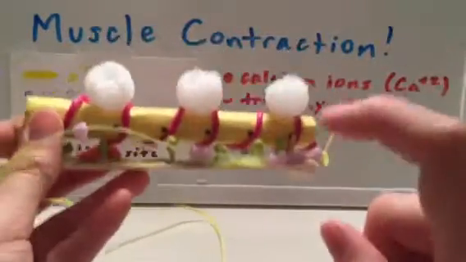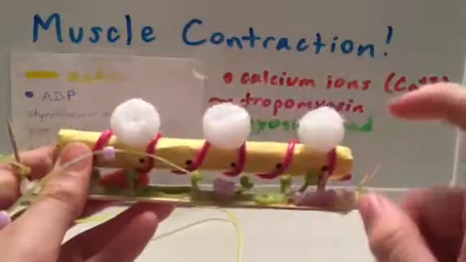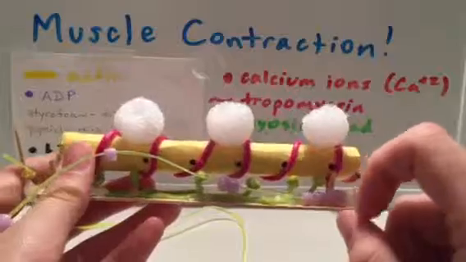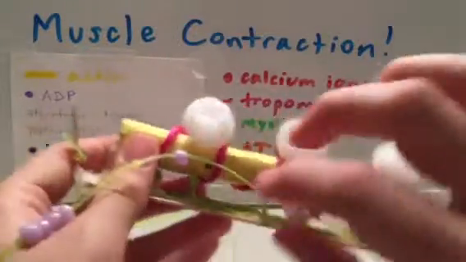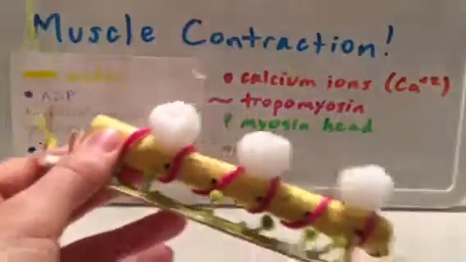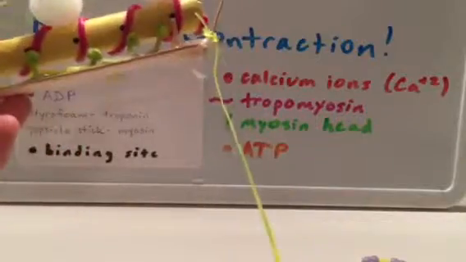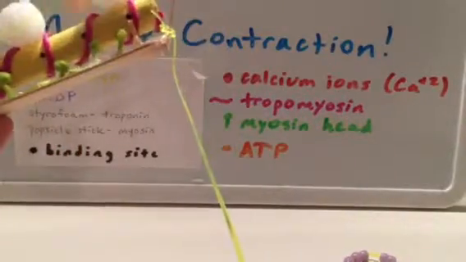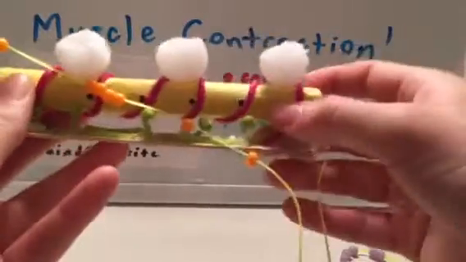And so then the myosin heads remain attached to the binding sites until more ATP comes along. So ADP leave, and then more ATP has to come along in order to allow the muscle to relax.